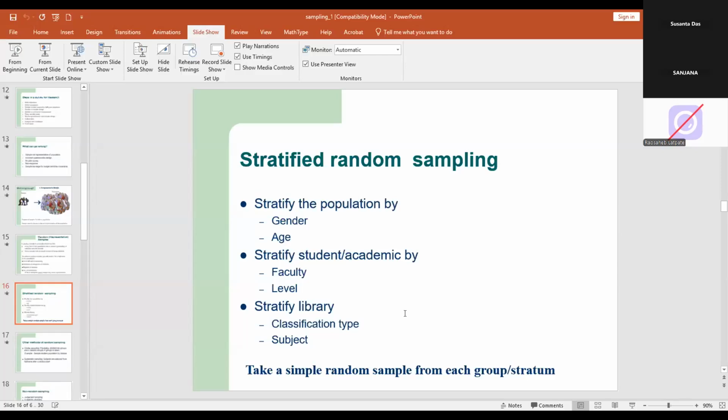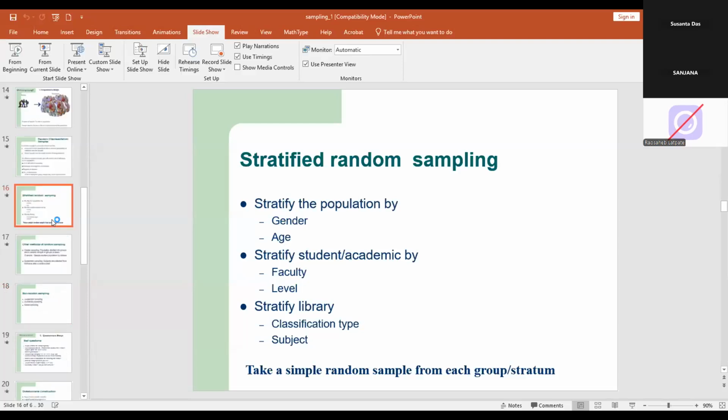Is slide 18 visible? No, it is 16 only. Sir, you have to click on 18, then it will change. Now is 16 visible? Yes, sir. 17 is visible now.